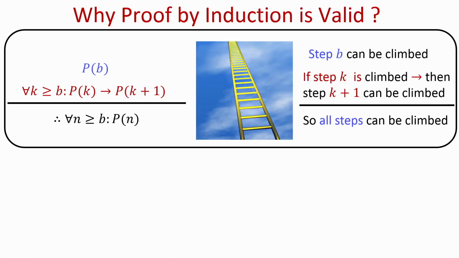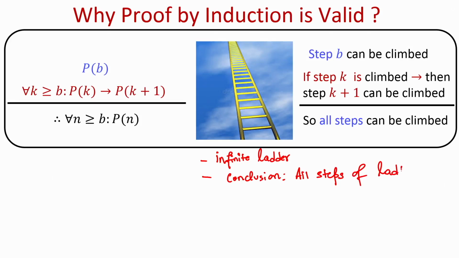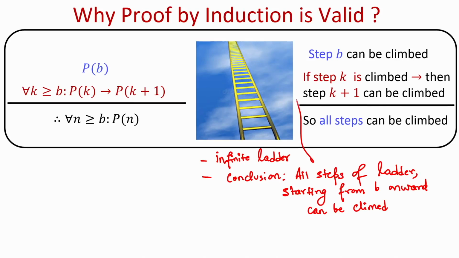Imagine that you have an infinite ladder, and I want to make the conclusion that all steps of the ladder starting from B onwards can be climbed if these two premises hold.